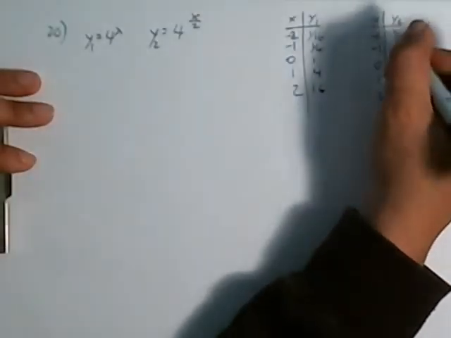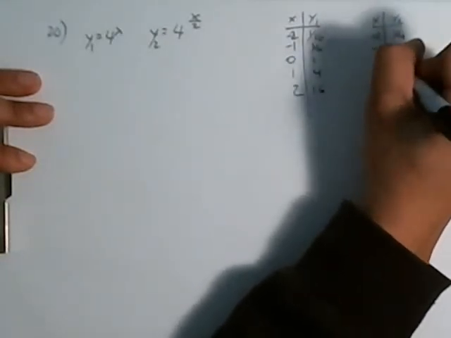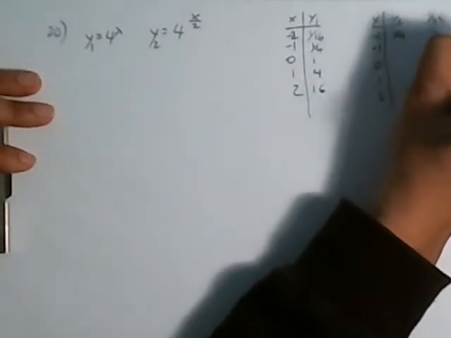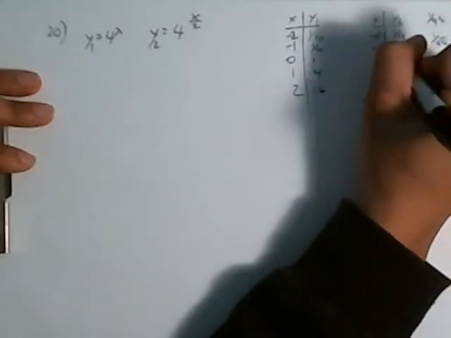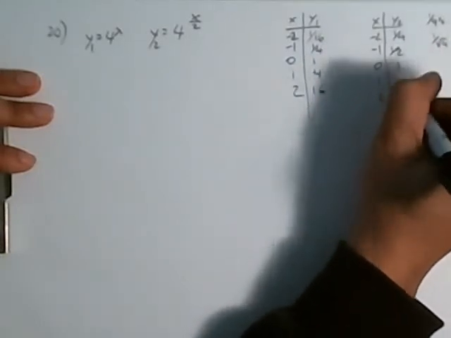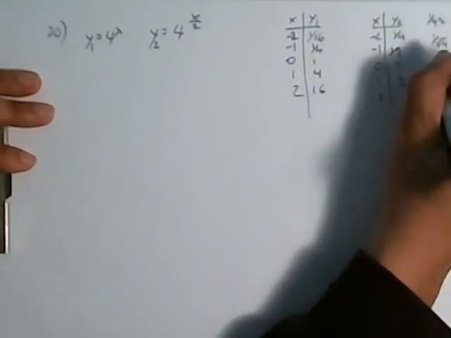-2 over 2 is going to be -1, so it's 4 to the -1, which is 1/4. At -1, it's 4 to the minus 1/2. It's going to be 1 over 4 to the 1/2, which is 1 over √4, which is 1 over 2. 4 to the 0 is 1. 4 to the 1/2 is 2. Let me do this one more time.